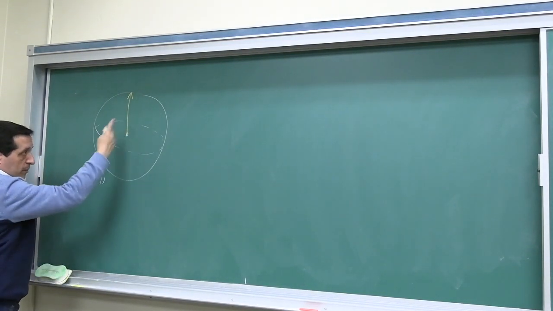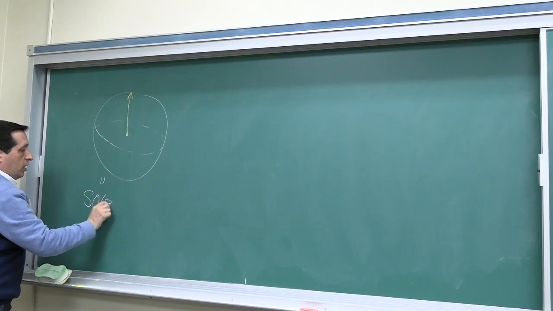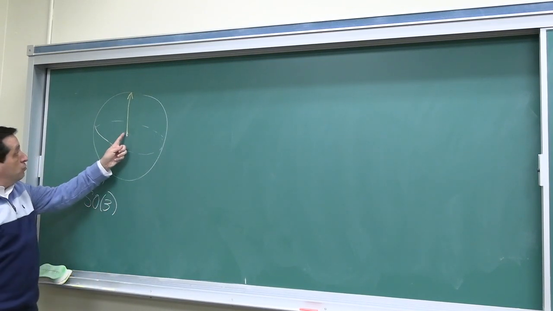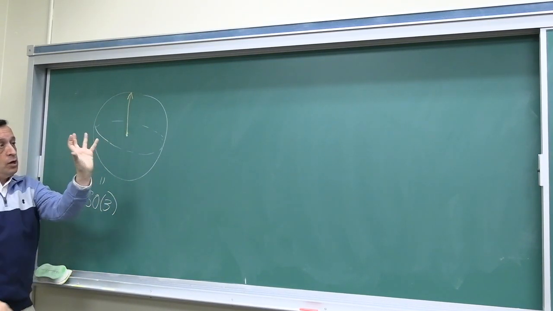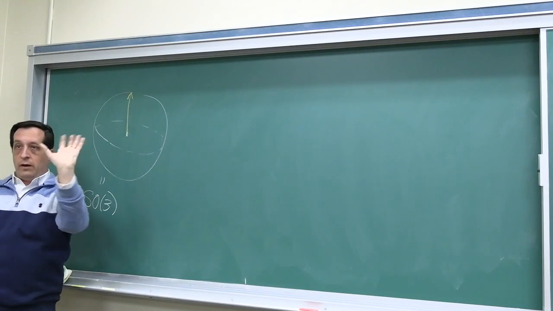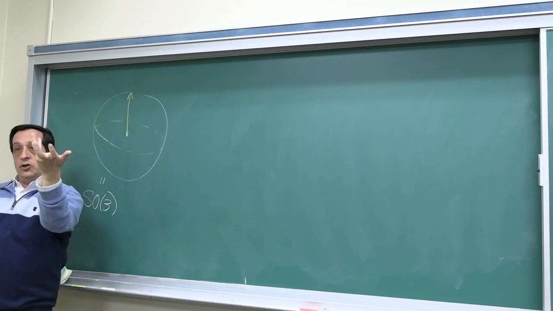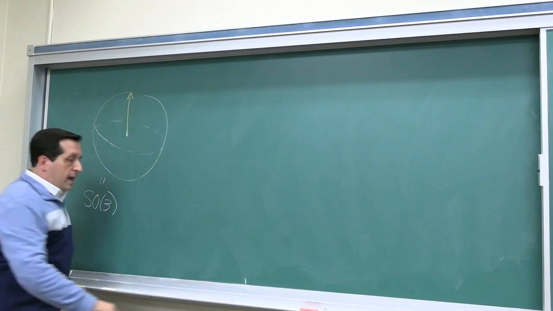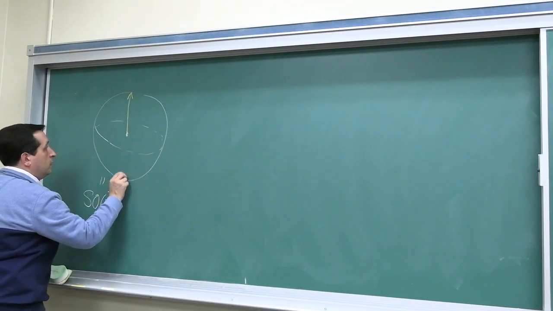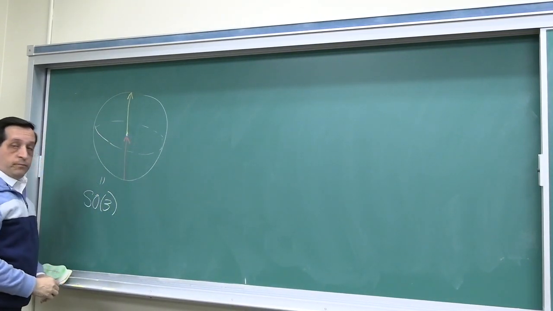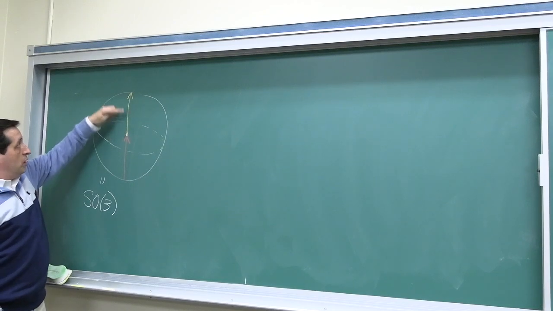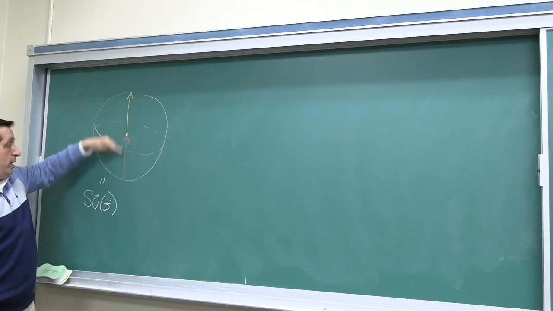So as you move, this is our space of rotations. This picture with the boundary identification is our space of rotations. And as you move up this line, these points correspond to rotations that are going around and around, and then when you get to the end, you've done it by 180 degrees. Okay? Now you come out from the bottom, and you return. So this path that starts here, goes to the top, comes from the bottom because of the boundary identification.